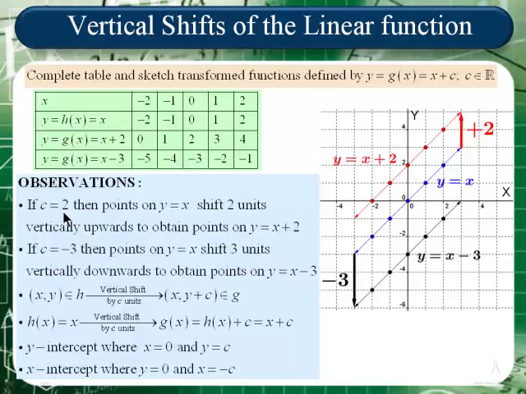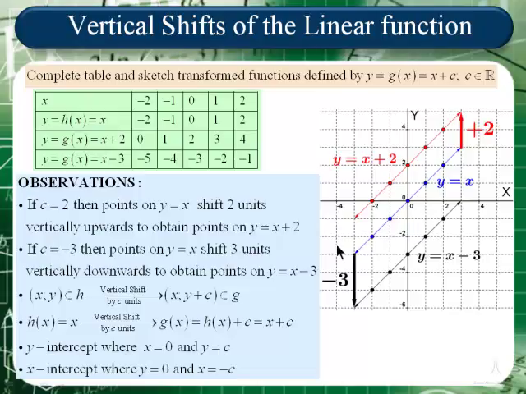That when c is equal to 2, then the blue line y equals x has shifted 2 units vertically upwards to not only get that red one, but all the points also shift 2 units up. You can see it very clearly there. I've indicated a vector there pointing upwards with a value of 2. So it means the basic curve as well as points on the basic curve have shifted 2 units up. You can also observe it from your table.